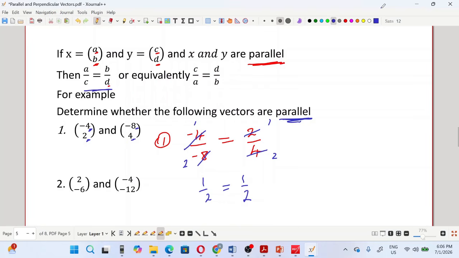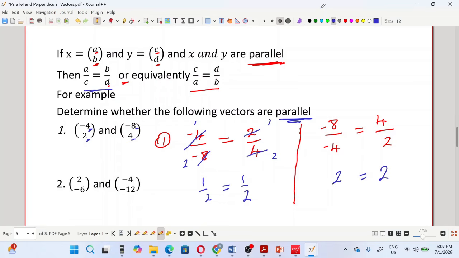That's using this. But remember, we said or the equivalent one. If I'm looking at the other way around, then I'm dividing -8 by -4, and it's supposed to be equal to 4 divided by 2. -8 divided by -4 is going to give you 2, equal to 4 divided by 2, which gives you 2.